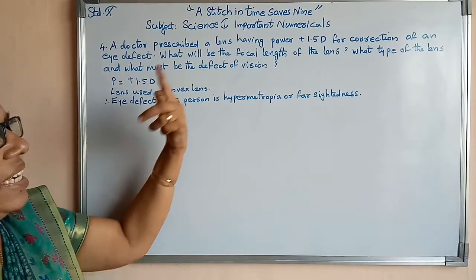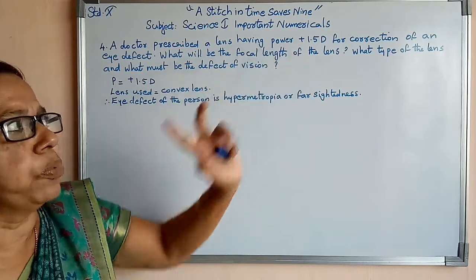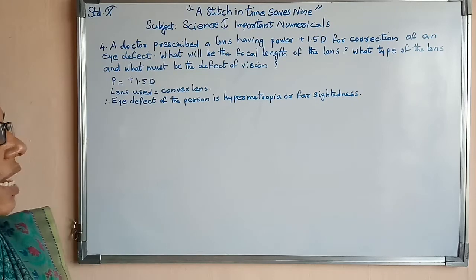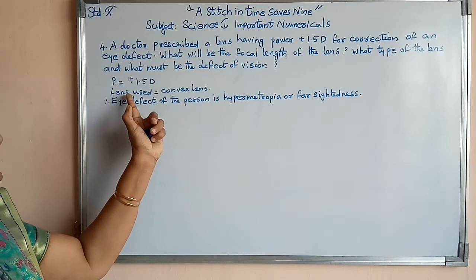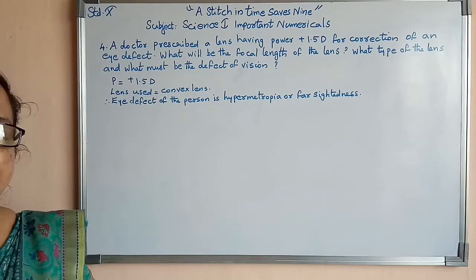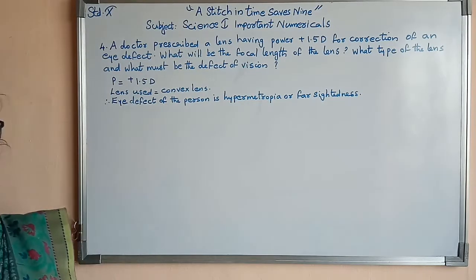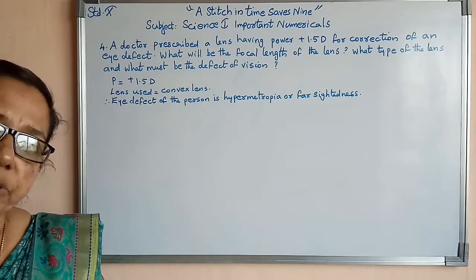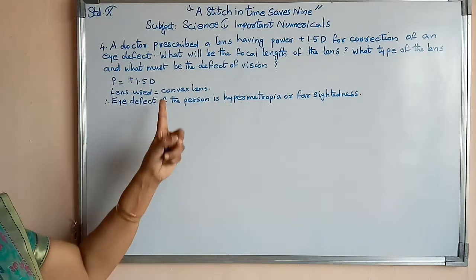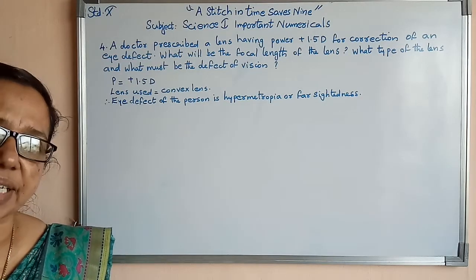Power of the lens given is positive 1.5 diopter, positive value given, that means that person has to use convex lens in his spectacle. Power of the lens is positive, that means of course a convex lens has positive power. Then which type of eye defect can be corrected by using this convex lens? Its answer: hypermetropia or farsightedness.